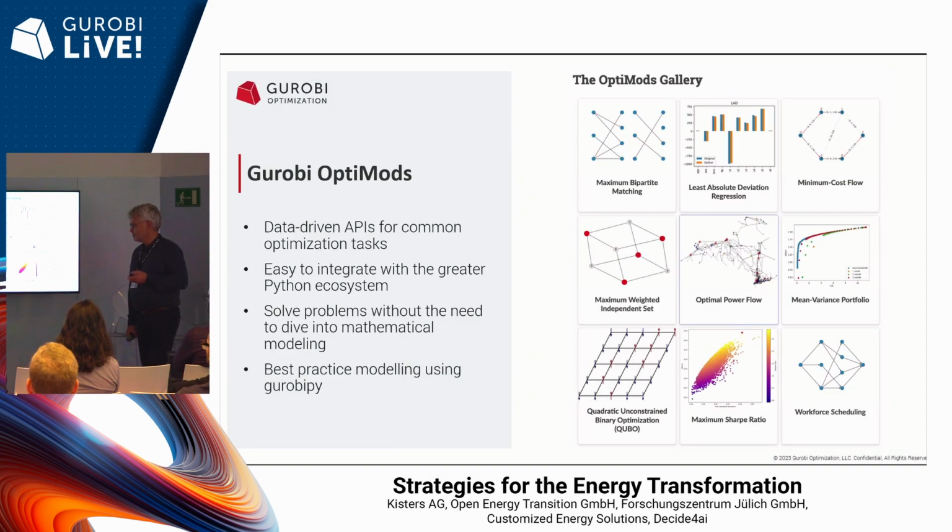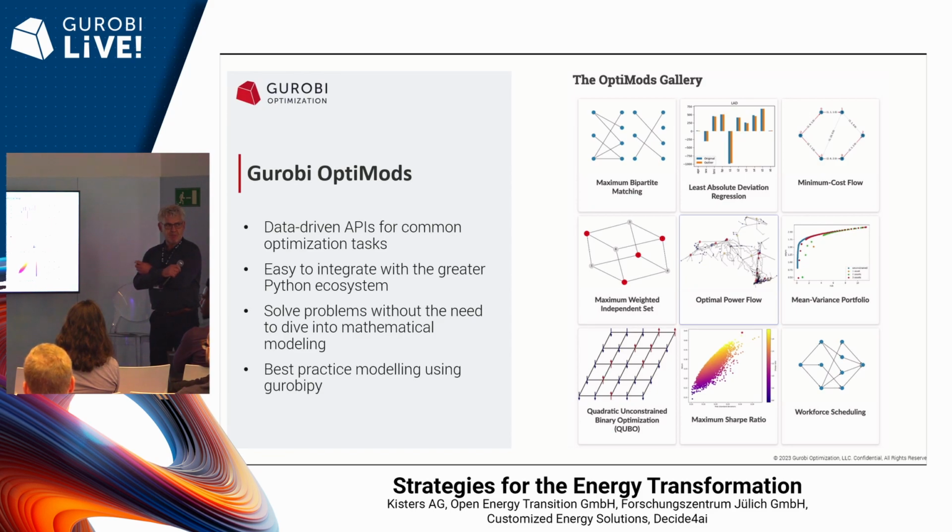Exactly. Now, for the very first time, Gurobi went a bit further and chose to not just publish a single piece of software, that is the solver, which is the main product. Before the release of Gurobi Optimods, every user had to develop their own model, right?